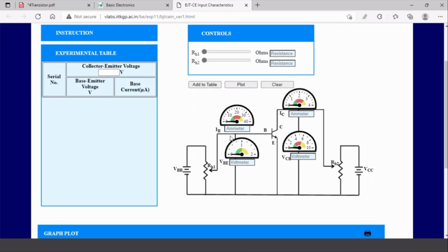Now, how to change the values of base current as well as the collector to emitter voltage? By connecting a rheostat, a variable resistance. So this is connected in this particular circuit, and the DC biasing voltages VBB and VCC are kept on both sides. How to get these characteristics?